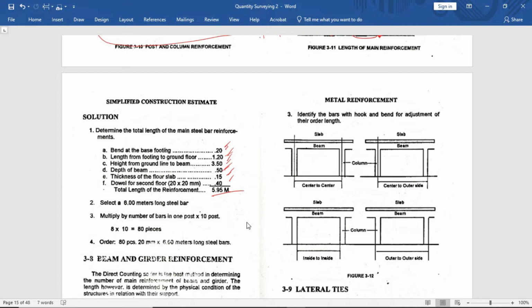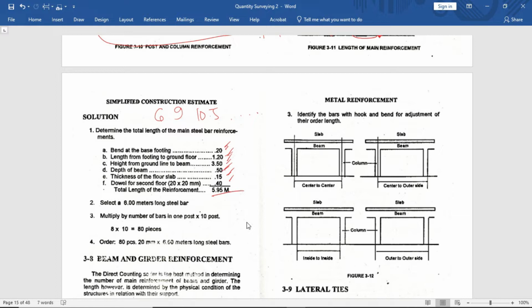Tapos, since pipili lang tayo sa commercial na available na 6, 9, 10.5, so on and so forth, select natin ng 6 meters. Ang kakaltasin natin ay 0.05 lang.